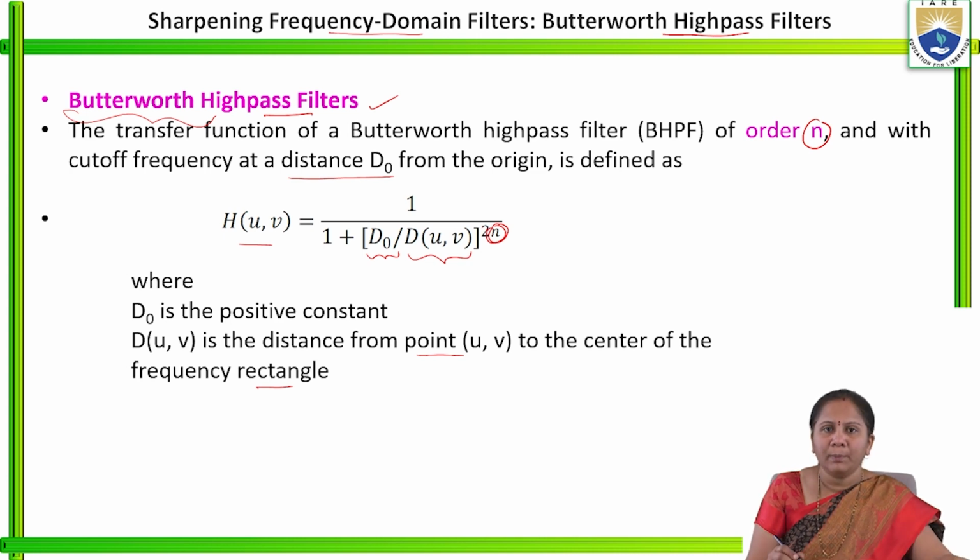For example, if the order of the filter is high, that means if the n value is high, then the transition will approach the ideal high pass filter. In another case, if the order of the filter n is lower, the transition of the filter will approach the Gaussian high pass filter. So this Butterworth high pass filter is based on the order n, and this is the transfer function for the Butterworth high pass filter.